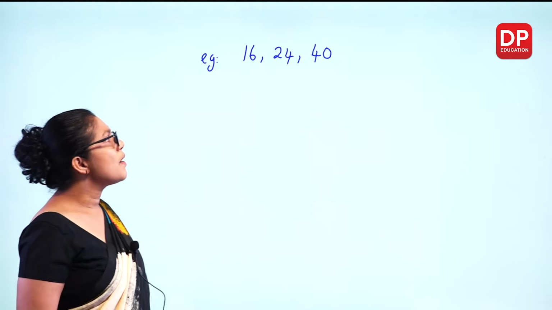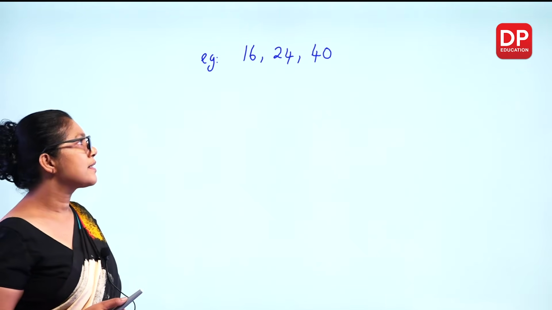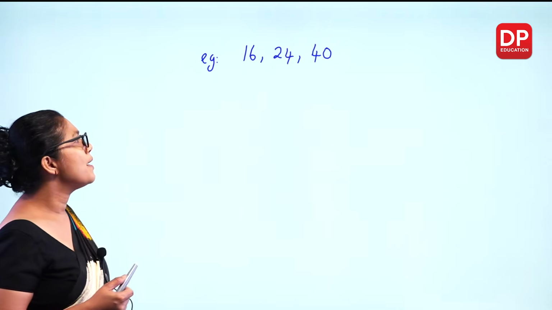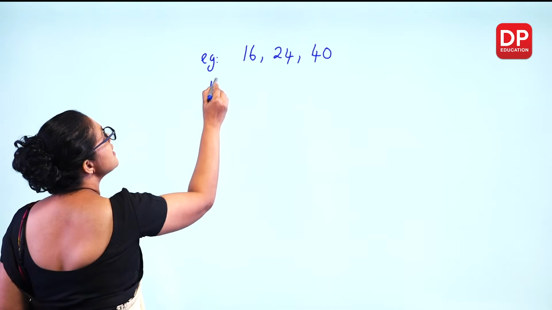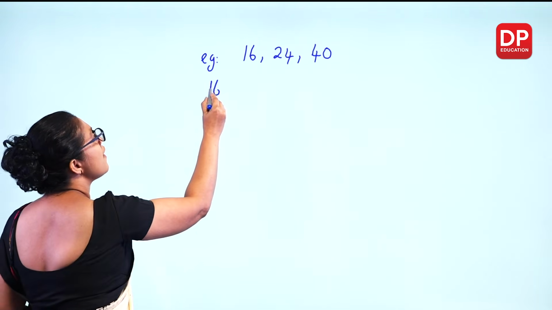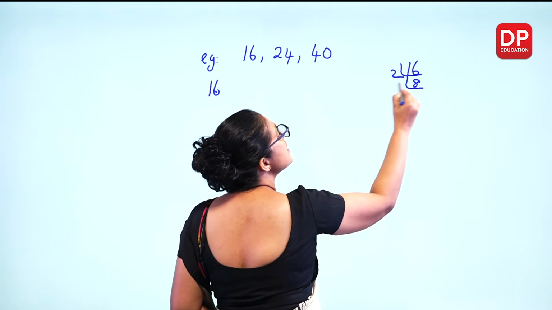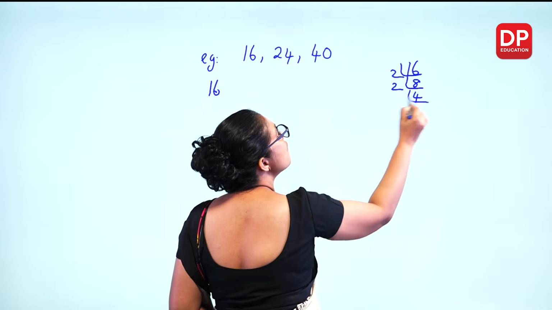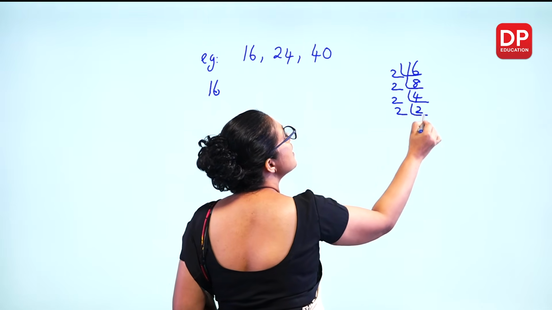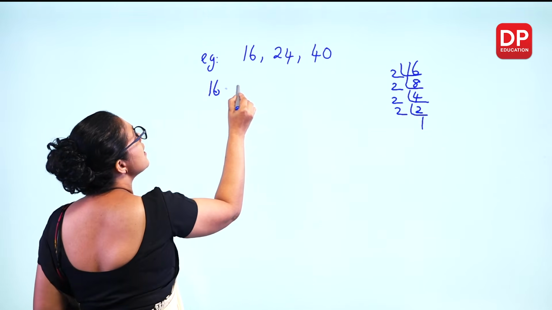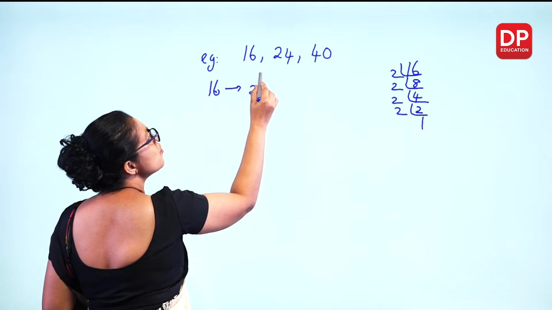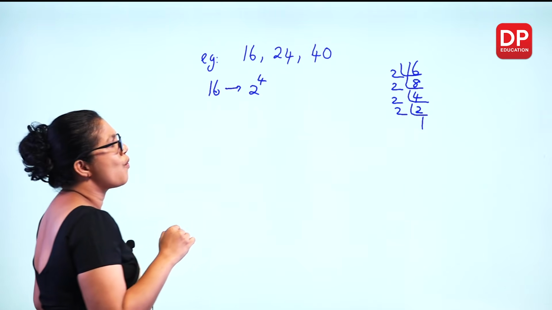Now we'll take this one and use the prime factor method to find the least common multiple. We'll take 16 and find the prime factors. Divide by 2, you get 8, divide by 2 again, 4, divide by 2 again, and you get 1. So 16 you can write as 2 to the power 4.